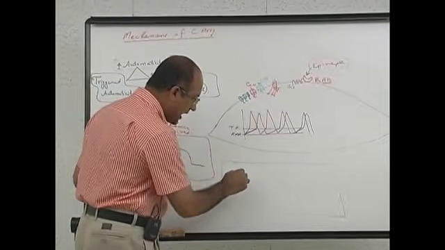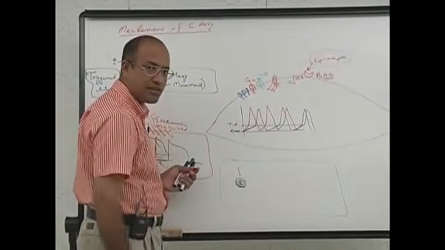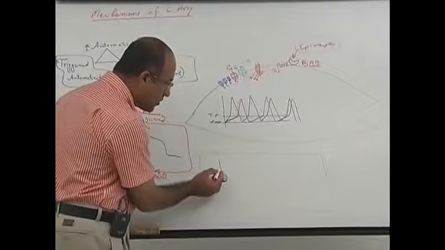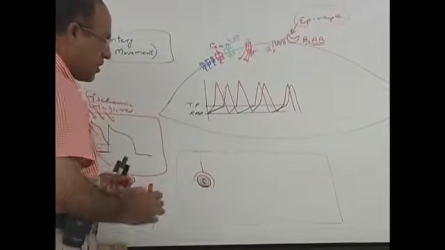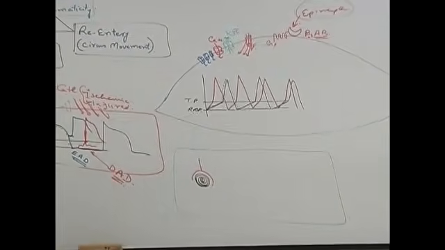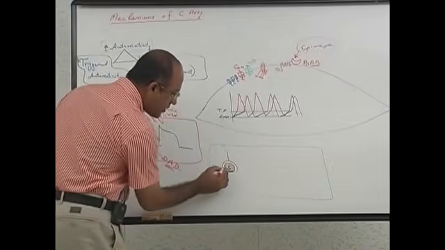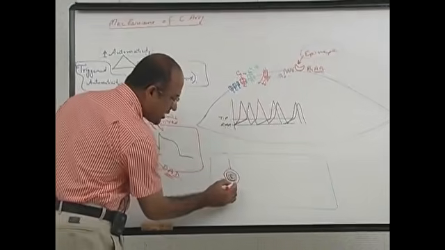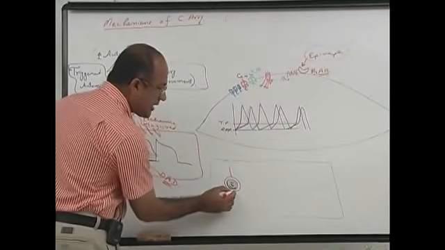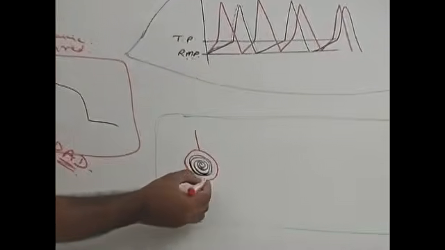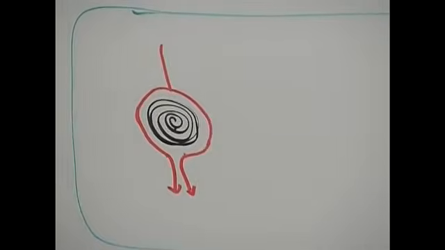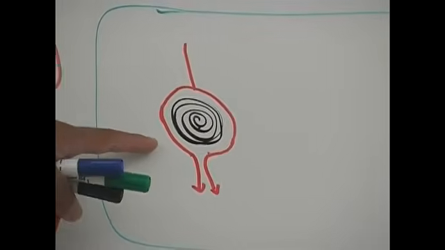If an electrical stimulus comes and starts moving around this electrically resistant area, when it moves around, if they meet each other at the same time, then they cannot re-enter, they have to move forward.